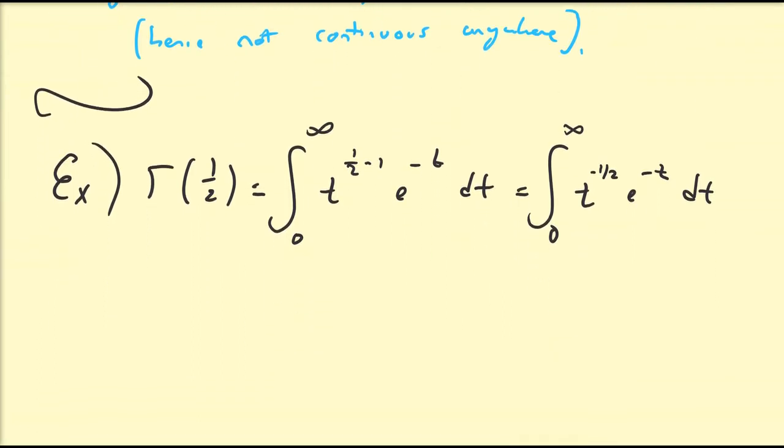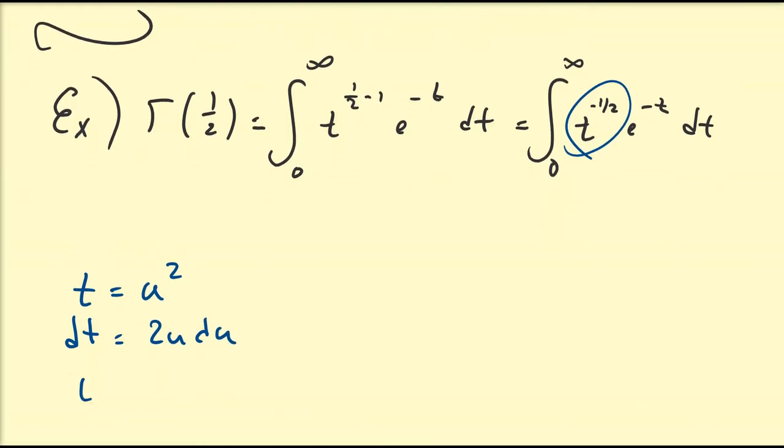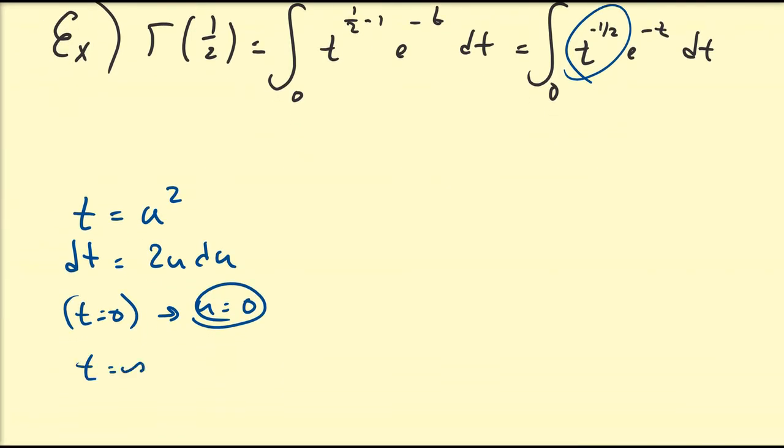So what I'm going to do is get rid of this expression here. I'm going to let t be equal to u squared, which is a symmetric function. So dt is going to be equal to 2u du. When t is equal to 0, then u is going to go to 0. And when t approaches infinity, then u is also going to approach infinity as well.